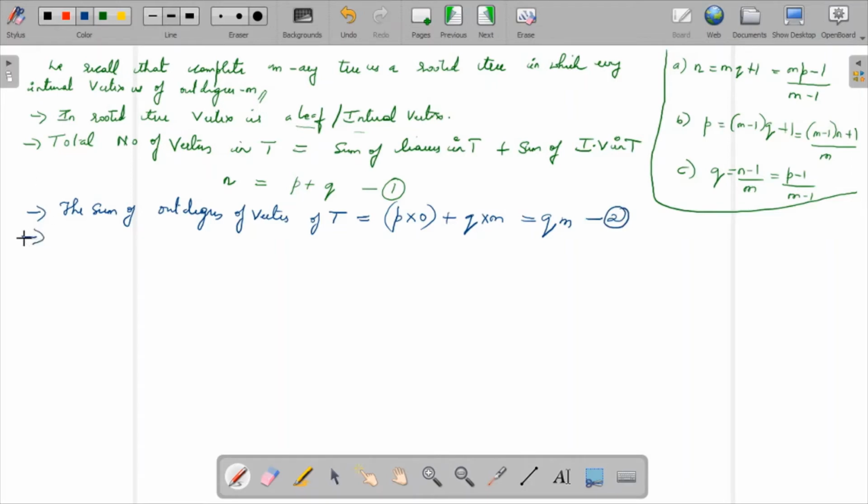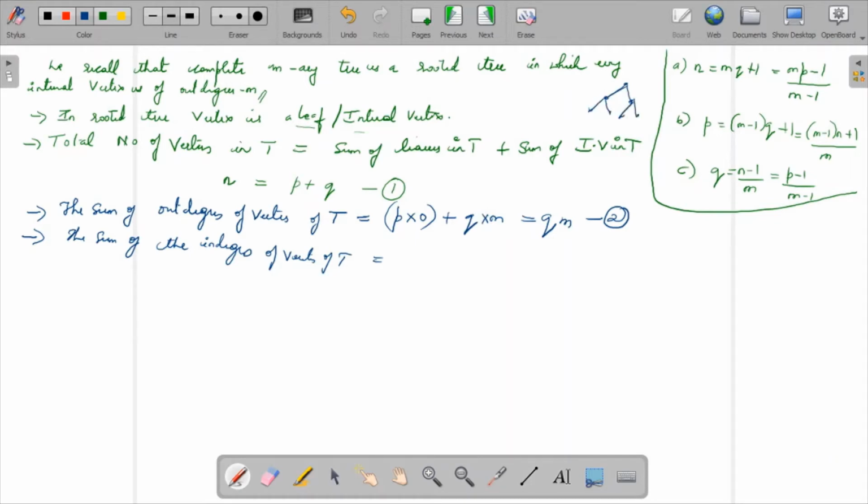Similarly, if you want to find the sum of the in degrees of the vertices of T, imagine this is the tree.